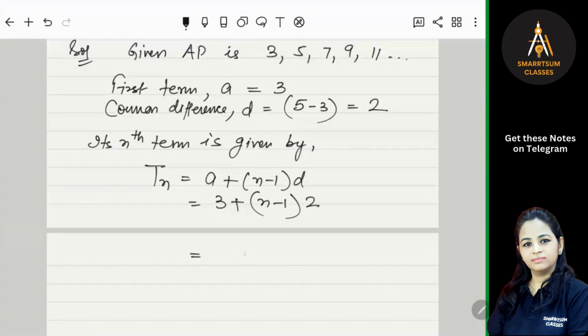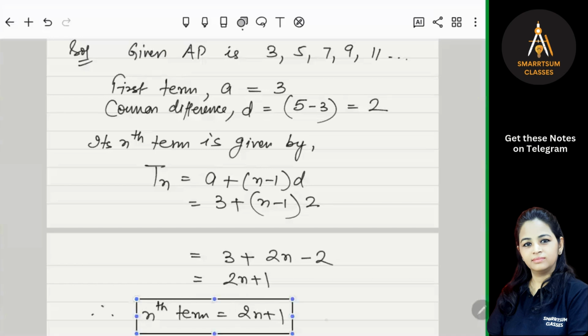Solve it. This will become 3 plus 2n minus 2. 3 minus 2 is 1, so it becomes 2n plus 1. So the nth term will be 2n plus 1.